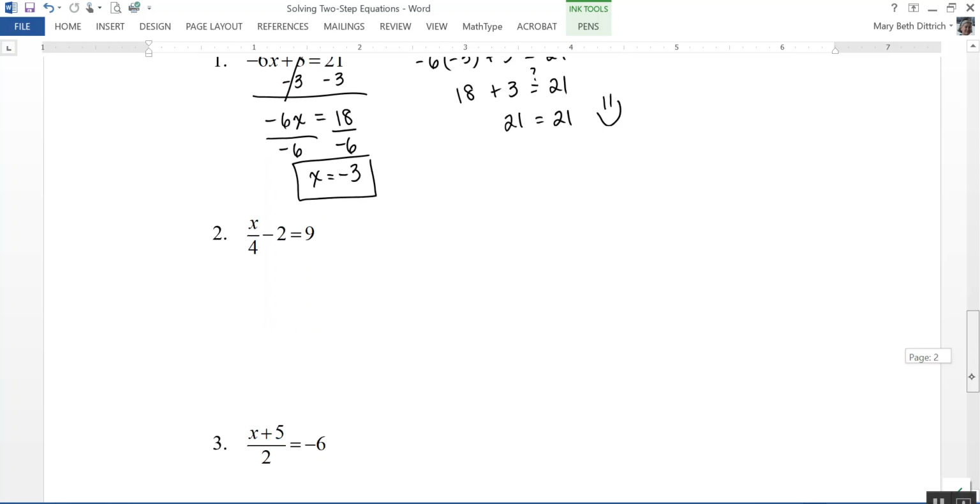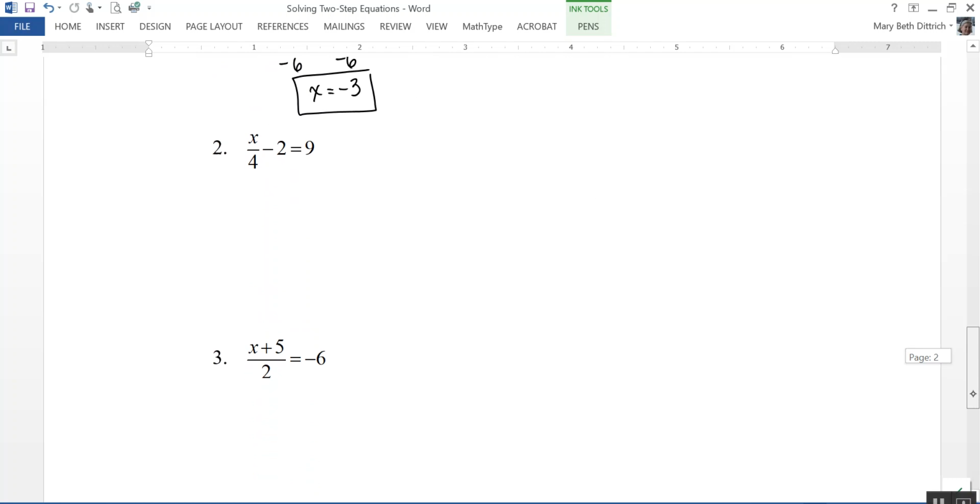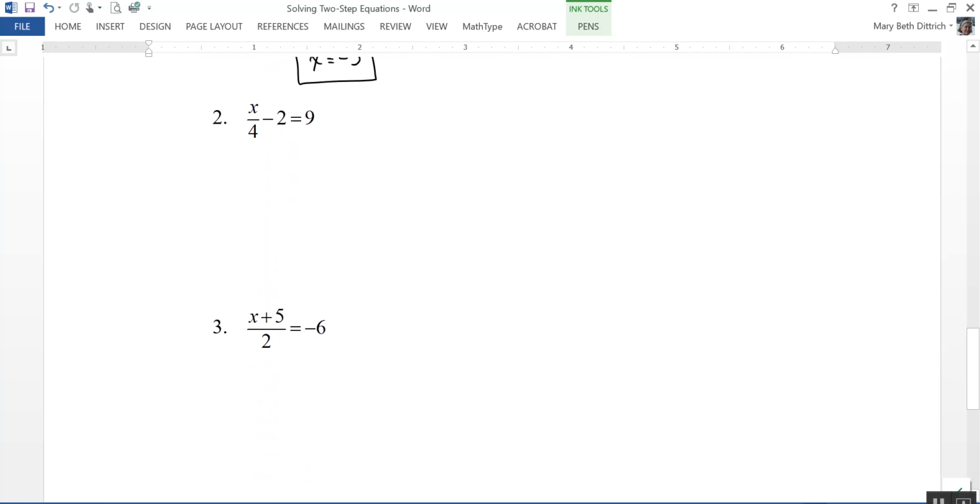Let's take a look at our next example here, which was one of my examples up above. X divided by 4 minus 2 is equal to 9. So let's take a look at what's happening to x. X is being divided by 4, and then it's having 2 subtracted from it. So undoing those in reverse order, I'm going to undo the subtracting of 2 by adding 2 to both sides.